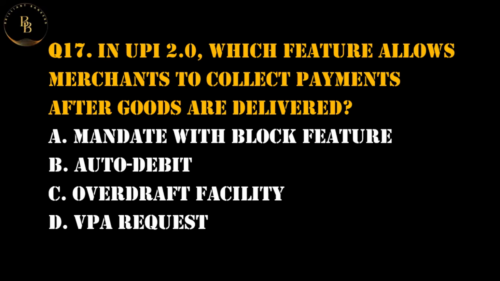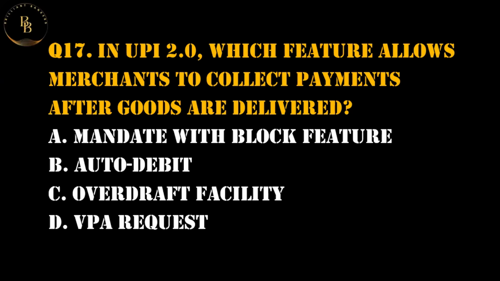Question number 17. In UPI 2.0, which feature allows the merchants to collect payments after the goods are delivered? Is it mandate with block feature? Is it auto debit? Is it the overdraft facility or the VPA request?